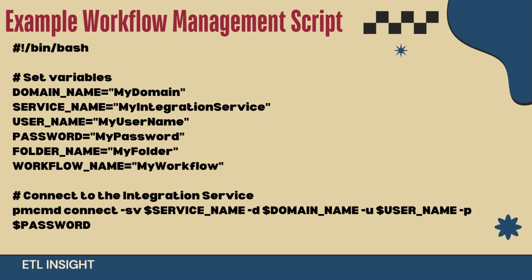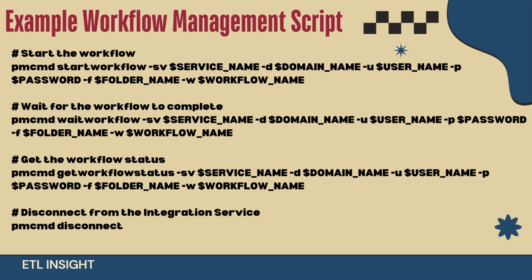pmcmd connect. First, you have to connect to the integration service. This command we have already discussed at the beginning of the video, so I hope I don't need to repeat it here. Next would be to start a workflow. Then there is a new command which we didn't discuss here, to wait for the workflow to complete: the waitworkflow utility under pmcmd, which will wait until the workflow is completed.